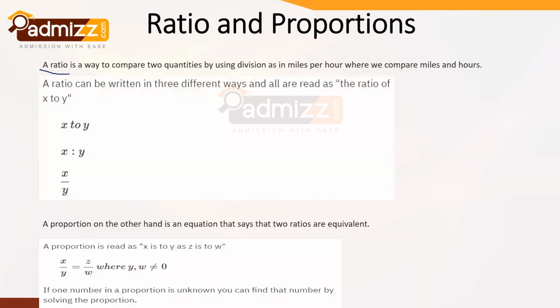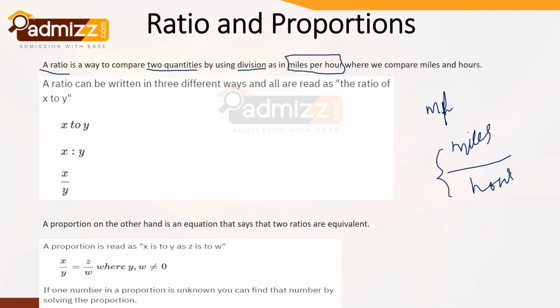A ratio in its most basic form is a way to compare two quantities by using division, right? For instance, when we write miles per hour, which is a unit of speed, we write mph, or in other terms, miles by hour. And this one is a ratio.